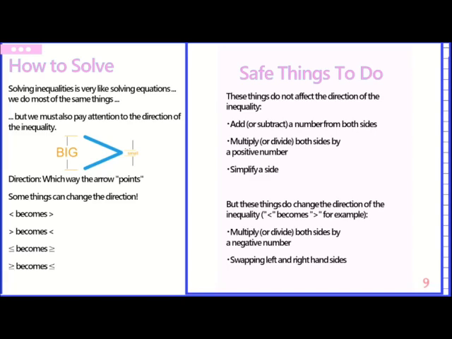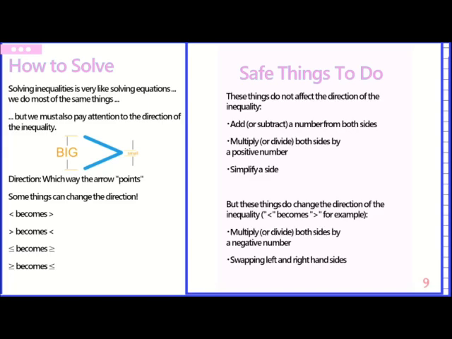Safe things to do. These things do not affect the direction of the inequality. First is add or subtract a number from both sides. Second is multiply or divide both sides by a positive number. And third, simplify a side.